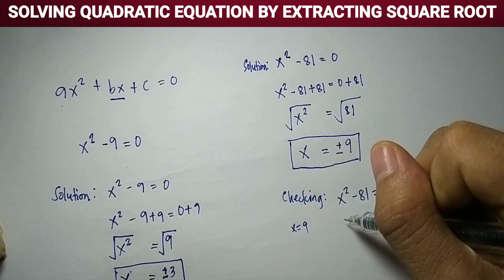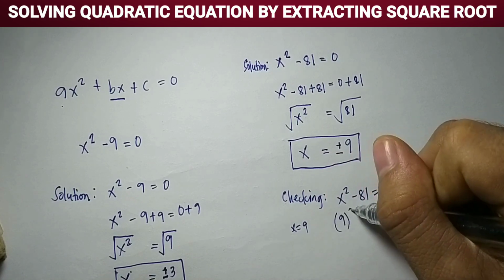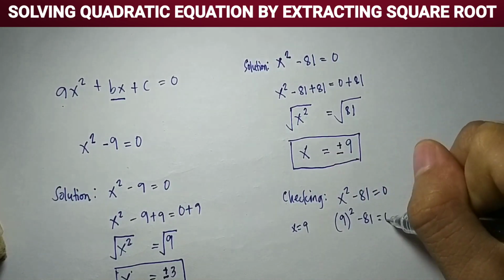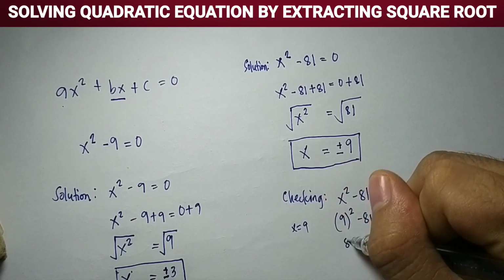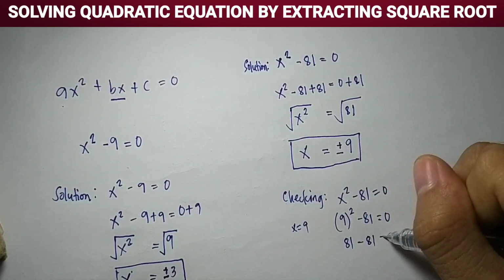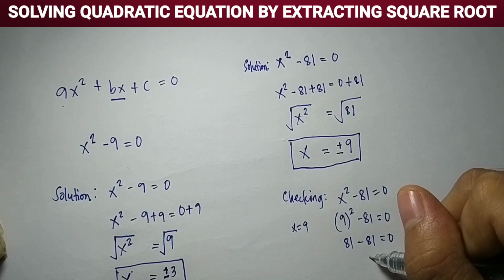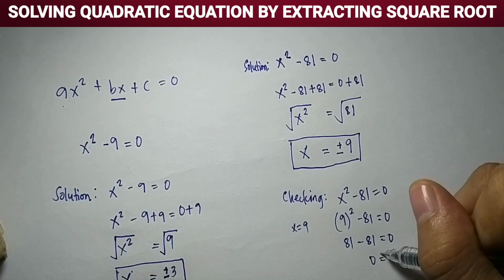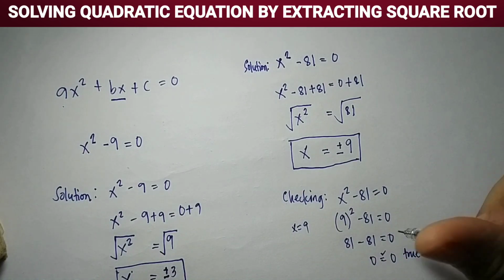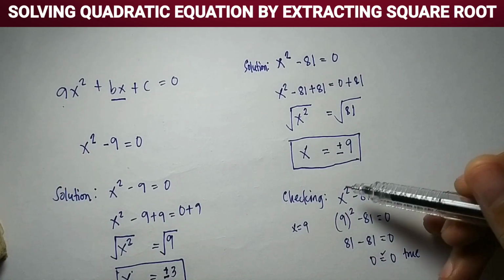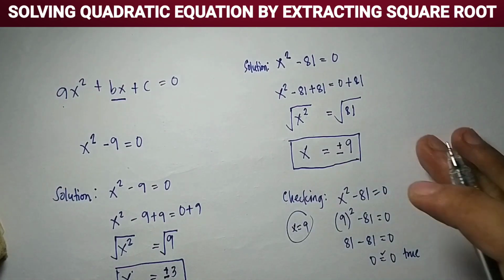So atong pulihan ang x og positive 9. So 9 squared minus 81 is equal to 0. 9 squared, that is 9 times 9. So we have 81 minus 81 is equal to 0. So 81 minus 81, that is 0. Which is true. 0 is equal to 0. Meaning, correct ang atong solution nga positive 9.